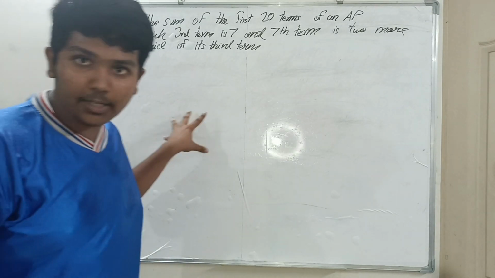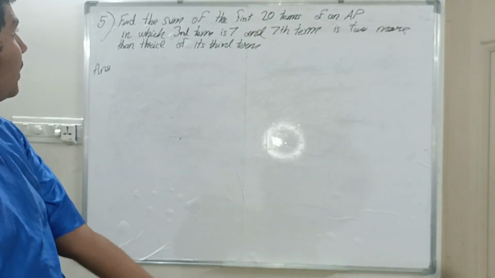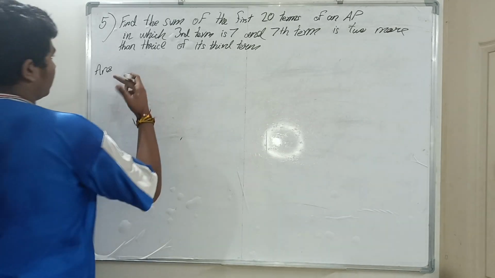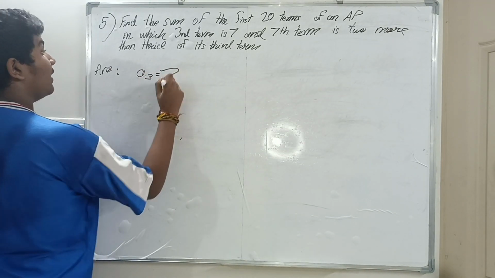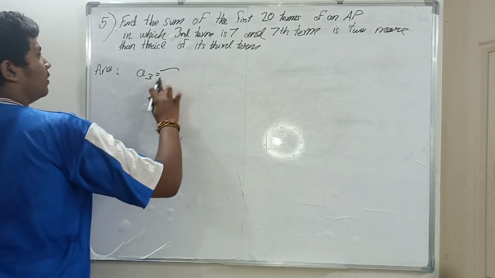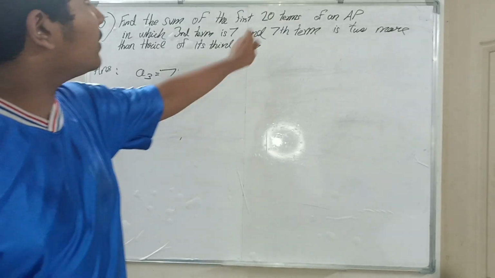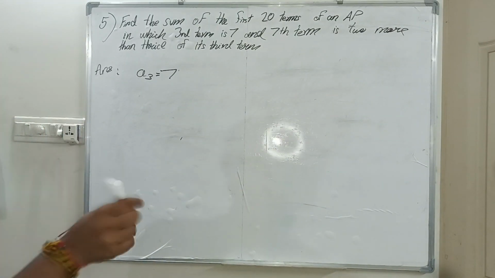So they are asking here that we have to find the sum of the first 20 terms of an AP in which the third term, that is to say A3, is 7. And the seventh term is 2 more than thrice of its third term.